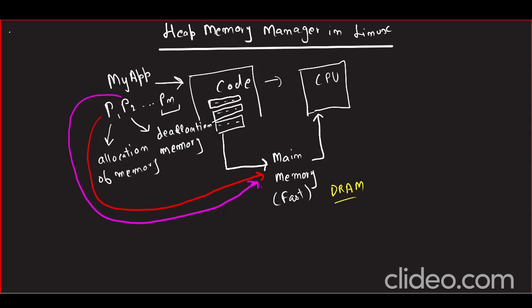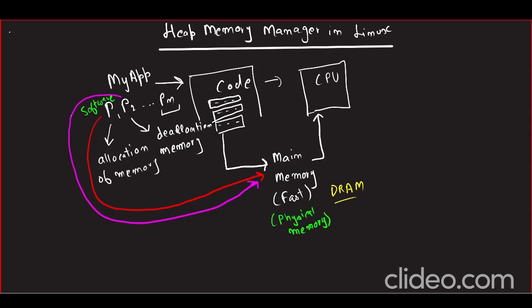But any process or any software cannot directly communicate with physical devices. Main memory is a physical device, a physical memory, and processes are software based.